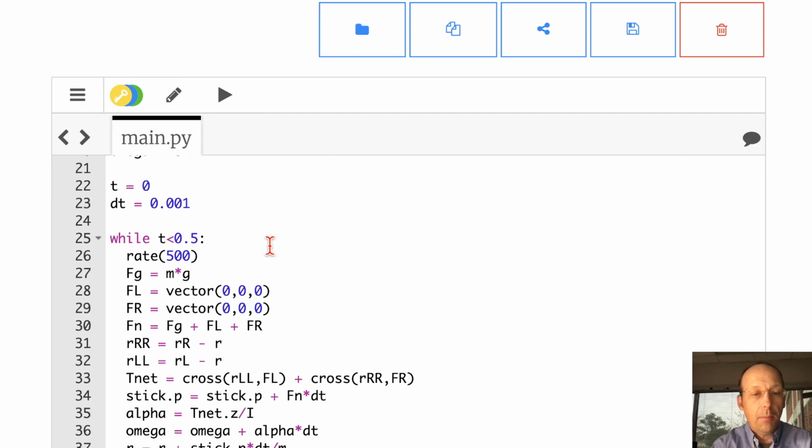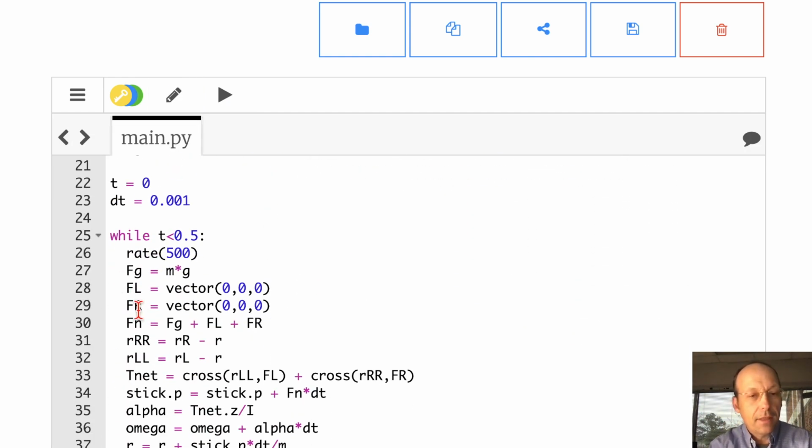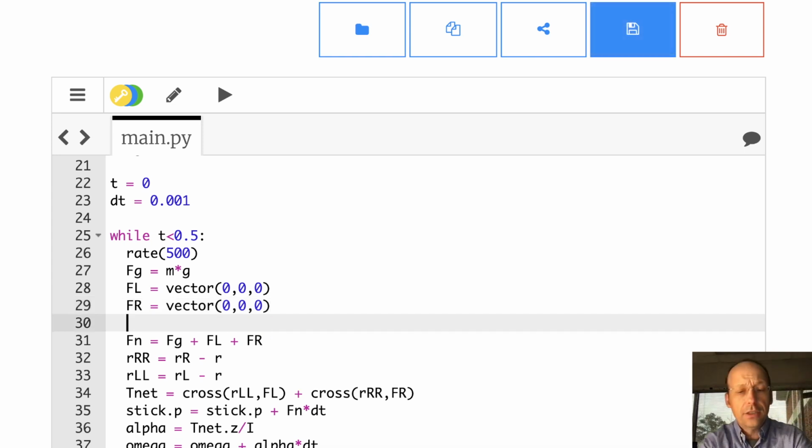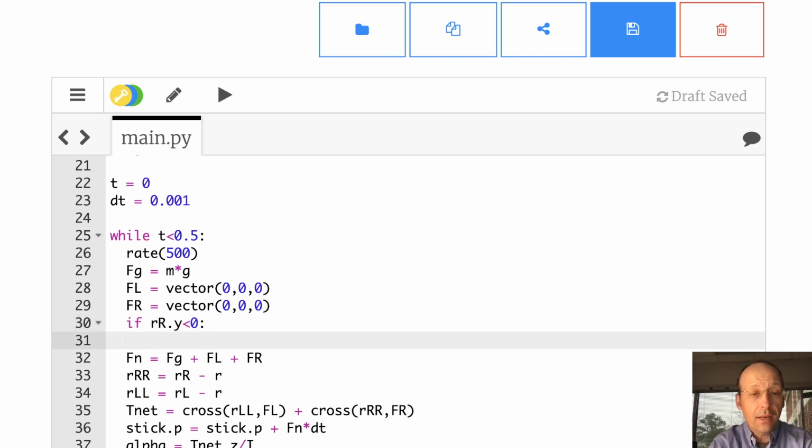Let's go, and now I have this stuff, right? I have these vectors, but I want to actually see if I need to change them. So I'm going to say this. If the right-hand position, if r dot y is less than 0, then fr is negative k times the vector 0, r dot y, 0.